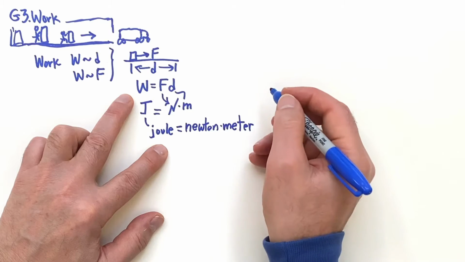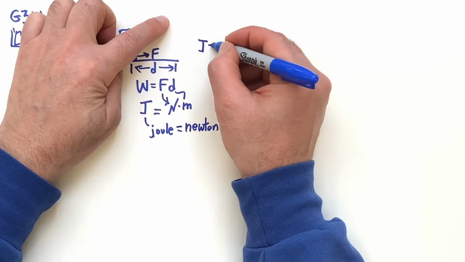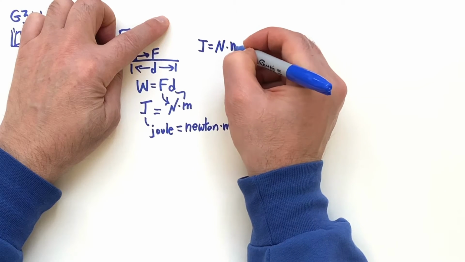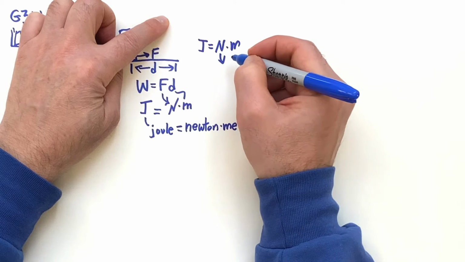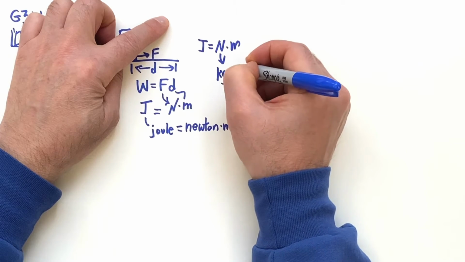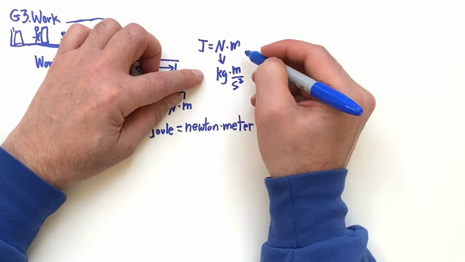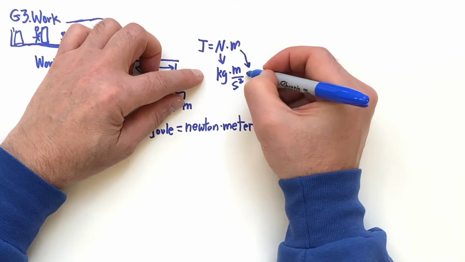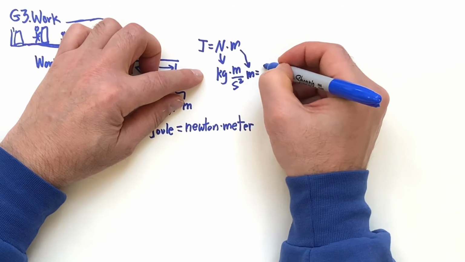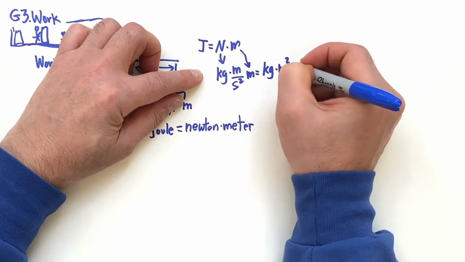Now, if we want to study this a little bit more, this dimensional analysis, the newton is equal to force equals MA. So that's M kilogram, acceleration is meters per second squared. So I can substitute for the newton this expression, and this will give me kilogram times meters squared over second squared.